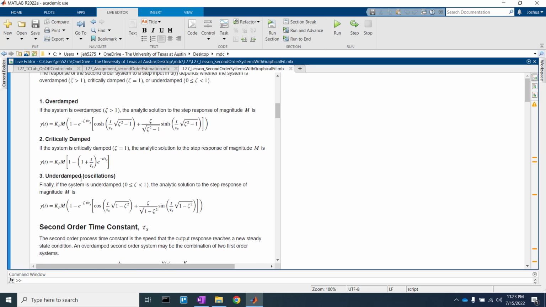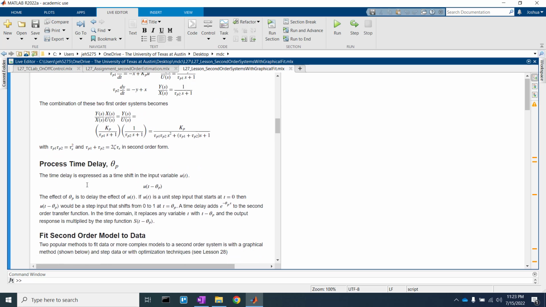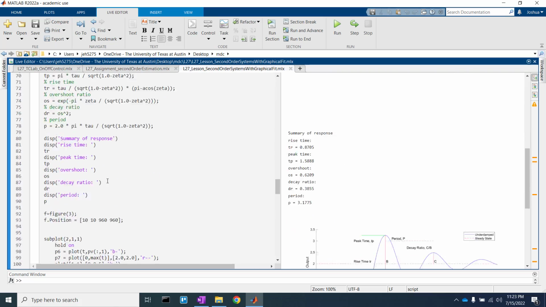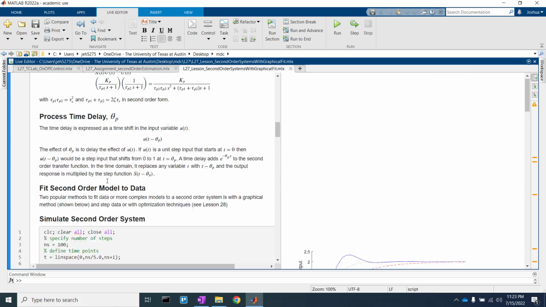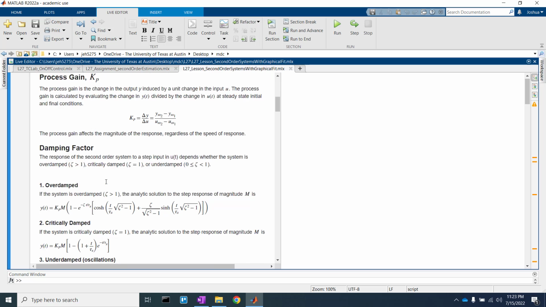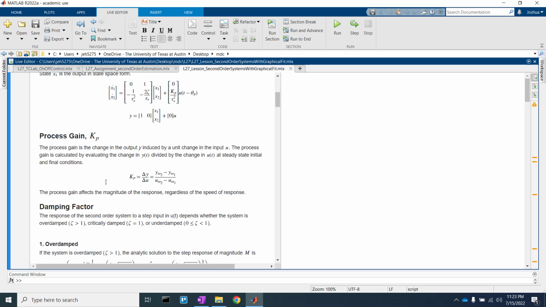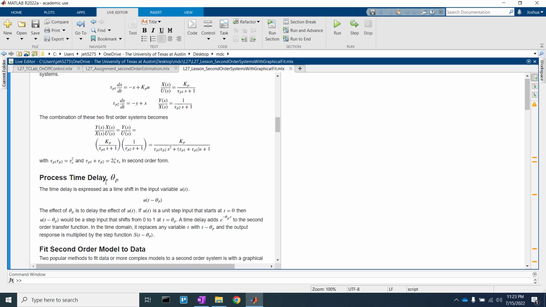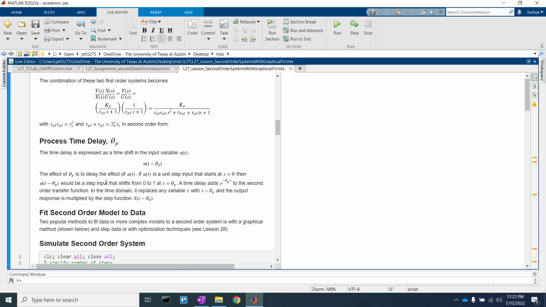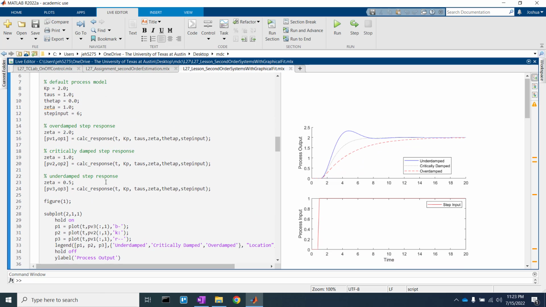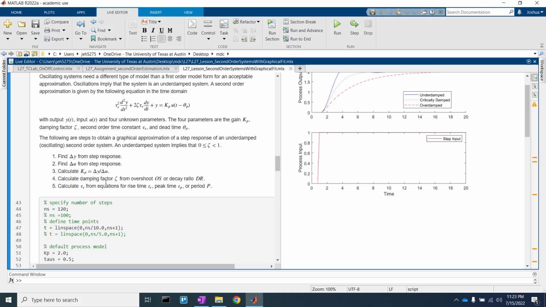Overdamped, critically damped, the definitions of these different things. Where are the relationships? Did I scroll past them? Here we go, graphically fit.